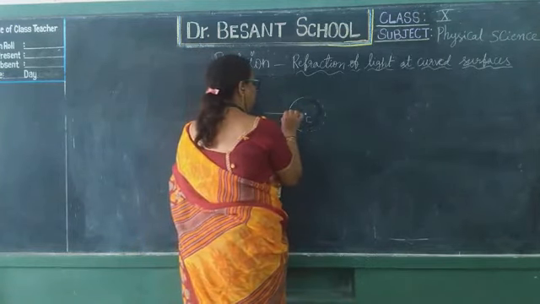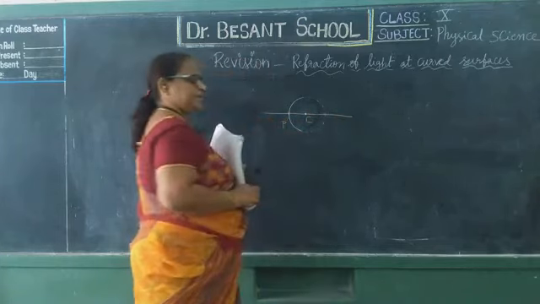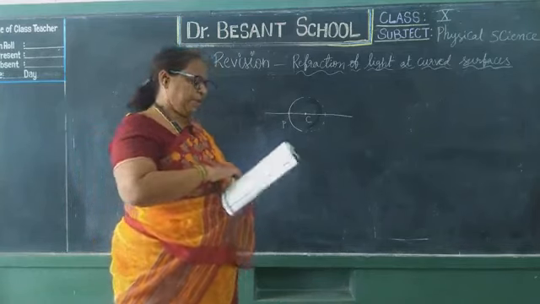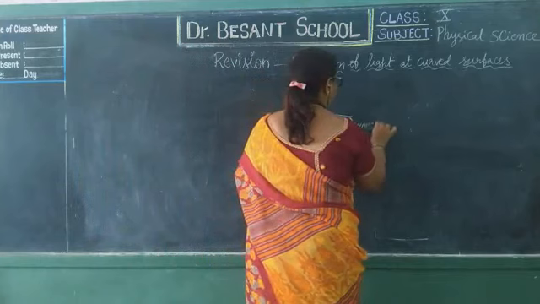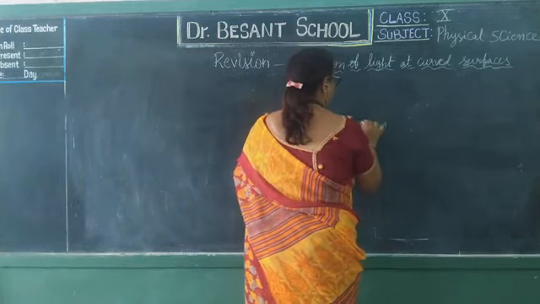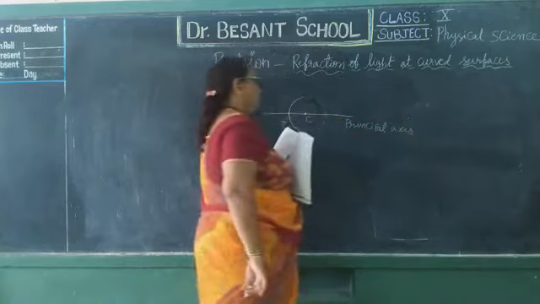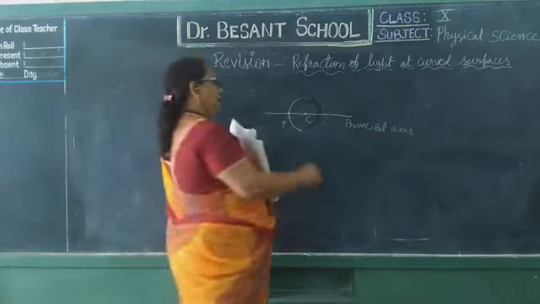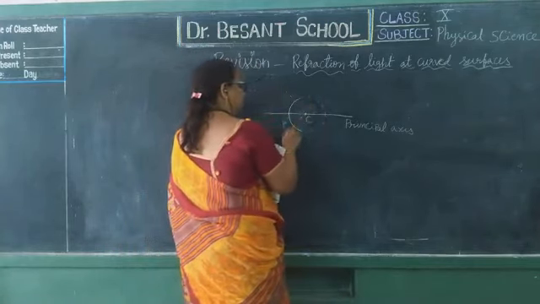A line joining pole to center of curvature is called principal axis. It is an imaginary line joining pole to center of curvature.